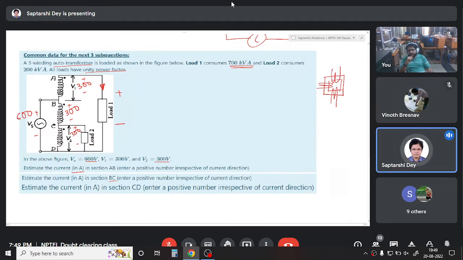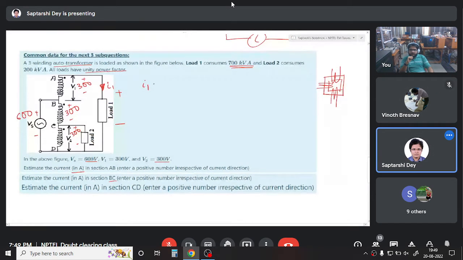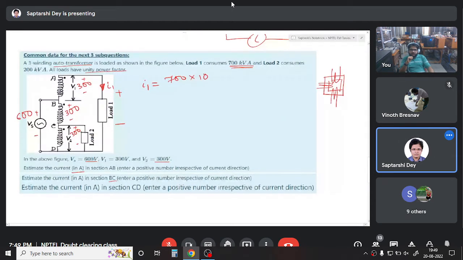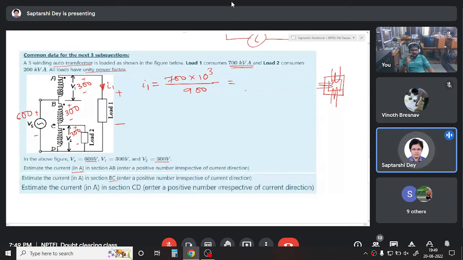Load 1 is connected here and here. So 300, 300, 300, 900 volt. So if I call this current I1, this will be 700 kilowatt, it is unity power factor, divided by 900 volt. So whatever you get, that much current will flow in I1.